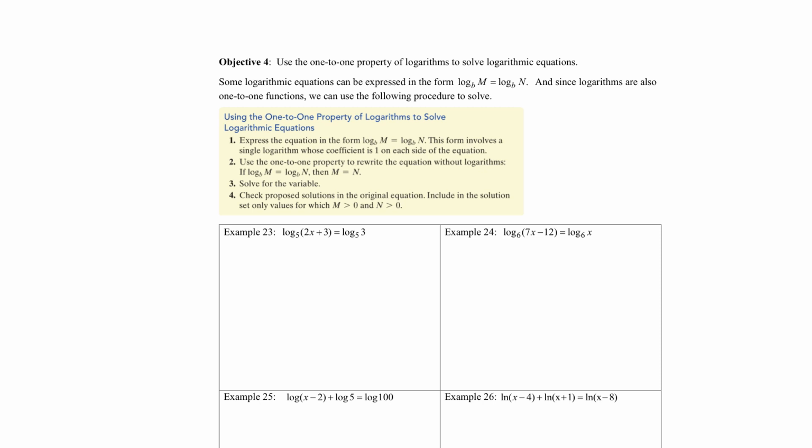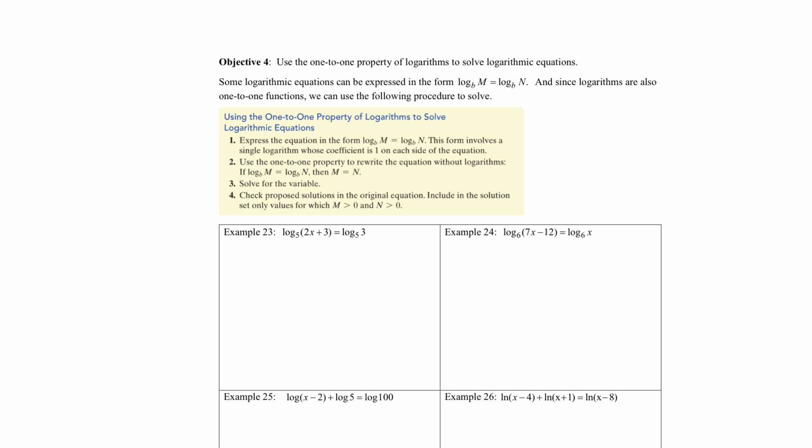And this form involves a single logarithm whose coefficient is 1 on both sides of the equation. And then you're going to use the one-to-one property to rewrite the equation without logarithms, all right? You are not dividing out logarithms. Don't even think that. You are using the one-to-one property. And then you're going to solve for the variable, and again, you're going to check your proposed solutions.